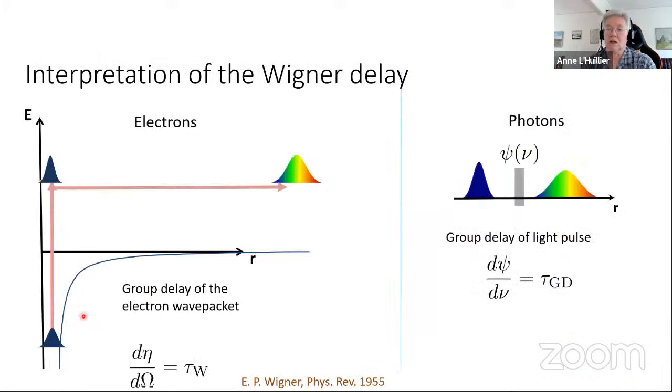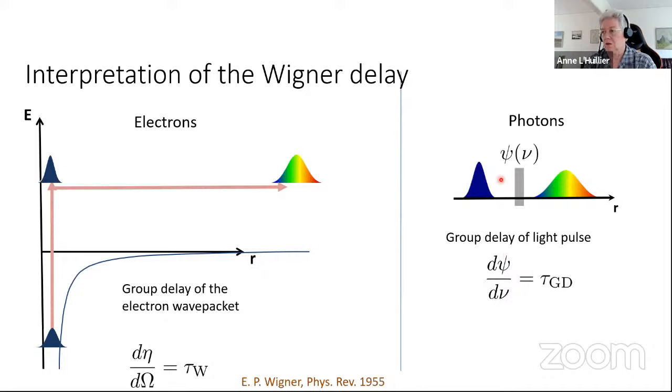I'd like to make an analogy here with ultrafast optics. The group delay of the electron wave packet, as it is ionized, is very similar to the group delay of a light pulse as it propagates through a material with a certain dispersion.